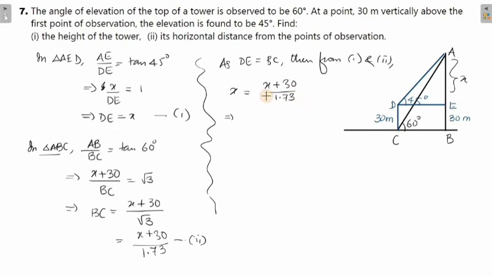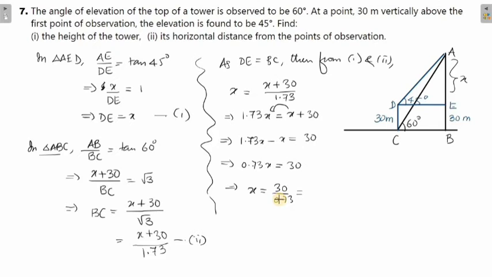Now let's do the cross multiplication. So 1.73 into x is equal to x plus 30, so bring it out here. In that case you get 1.73x minus x is equal to 30. So 0.73x is equal to 30. Keep x out here, so you get 30 by 0.73.